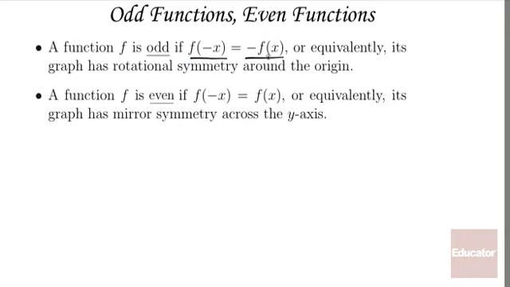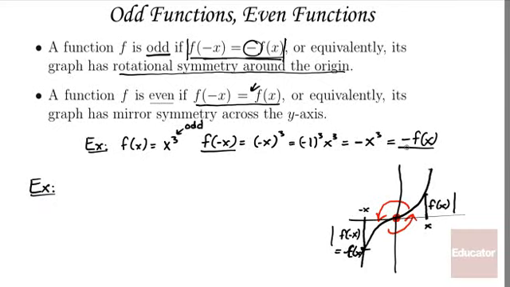The companion definition to that is that f is even if f of negative x equals f of x. So the difference there was that negative sign on the odd definition, no negative sign here on the even definition. So let me give you an example of an even one. Let's define f of x to be x squared.